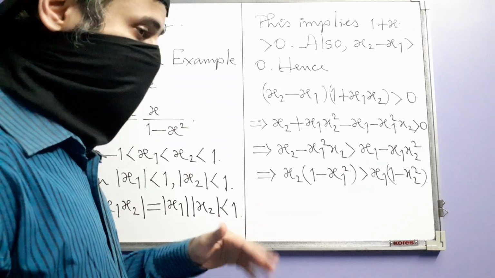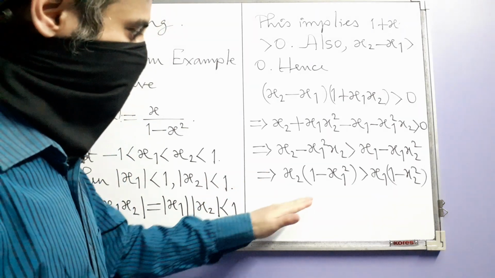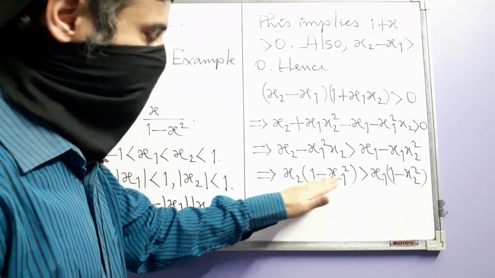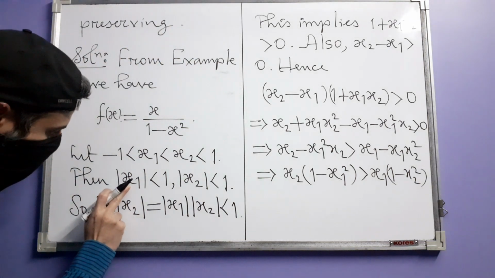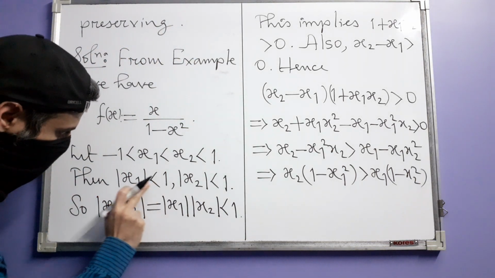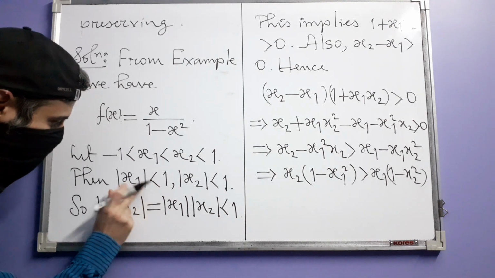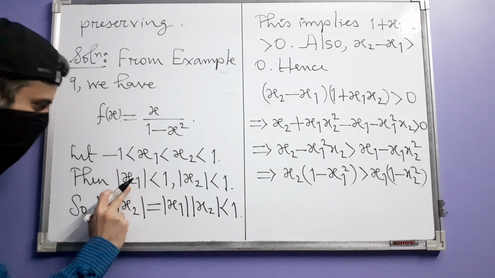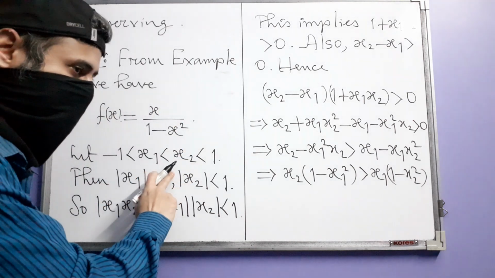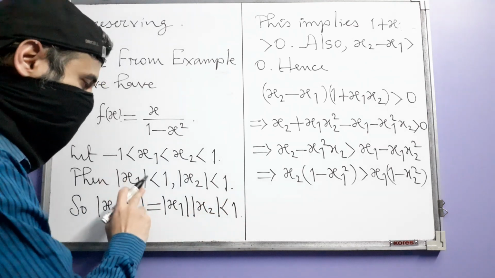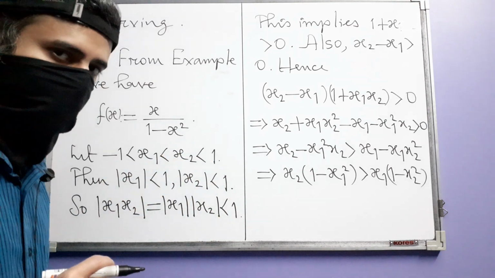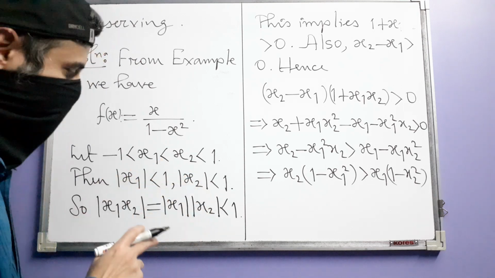But something more is true. Not only is this non-zero, but it's actually positive. Why? Because if you square both sides of this inequality, on this side you will get absolute value of x1 square. On that side you just have 1 square, which is 1. But absolute value of x1 square is just x1 square by properties of absolute value.